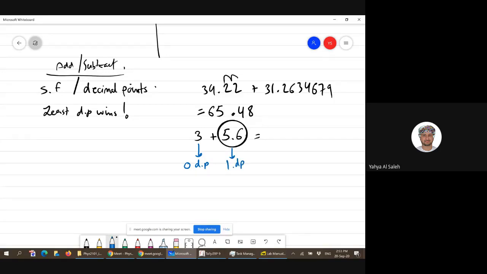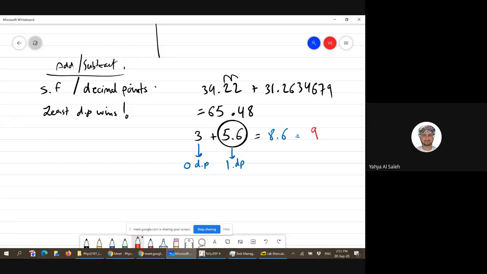This one is 1 decimal place, which means that the least number, 0, wins. So in a calculator, this will give me 8.6. But the best I can say about it in reality is simply 9 to 0 decimal places. Now this is very counterintuitive, even after so many years that I am working in physics.